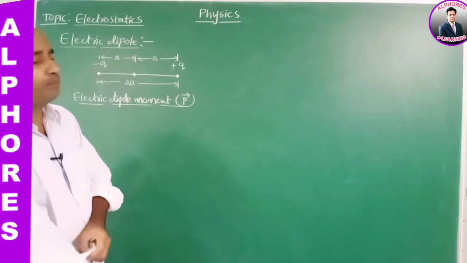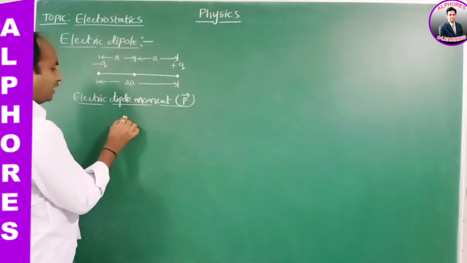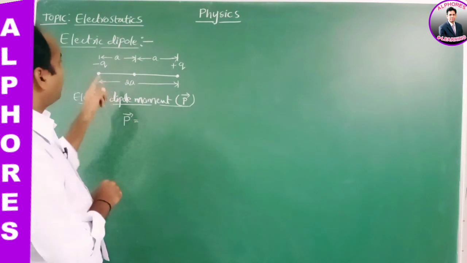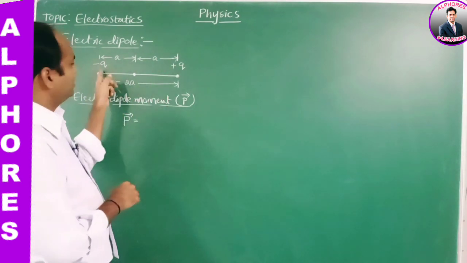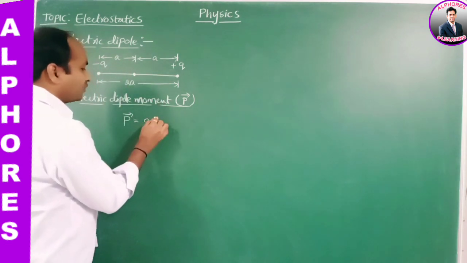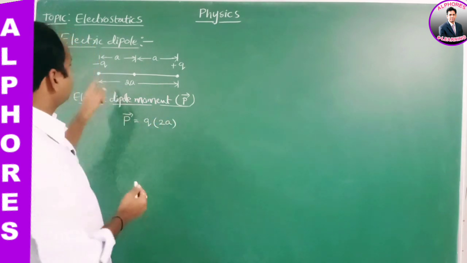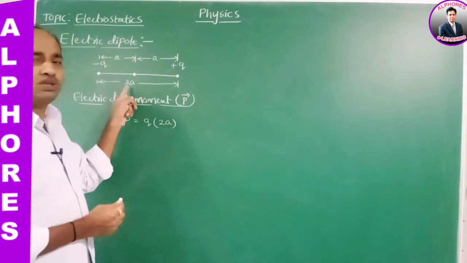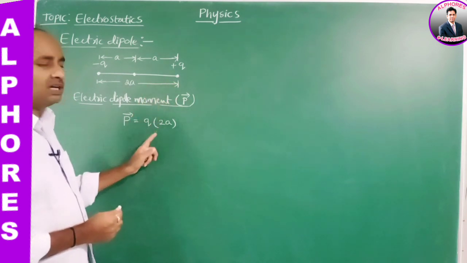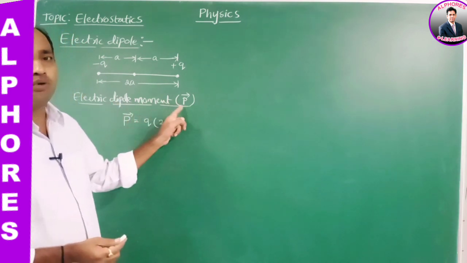What does electric dipole moment mean? It is defined as the product of the magnitude of either charge and the distance between them. The distance between the two charges is 2a. The product of the magnitude of either charge and the distance between them is called the electric dipole moment.